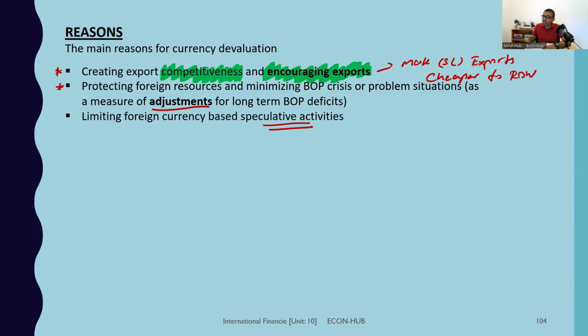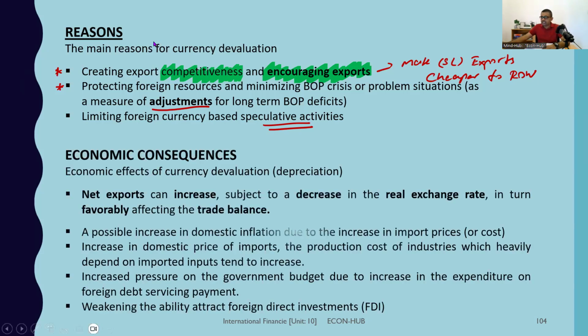Then when we do this, what are the expected economic implications or consequences? Now, here we are being very careful with the points again. Net exports can increase, subject to a decrease in the real exchange rate. The real exchange rate has to decrease. In turn, a favorable effect on the trade balance.